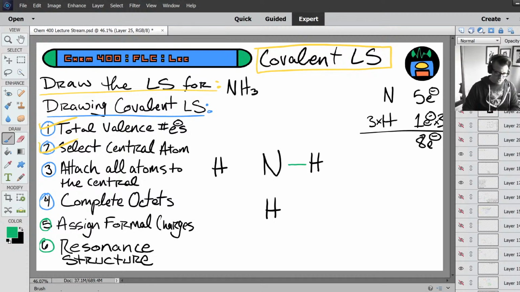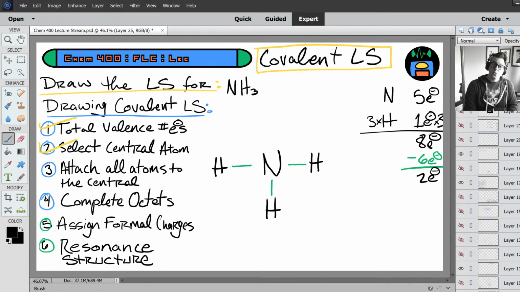We got to do this 3 times, to attach all of our other atoms to our central. It's going to take 2 electrons a pop. With 3 hydrogens, that means we're going to need to spend 6 electrons out of our budget of 8, to attach all the hydrogens to our central atom, nitrogen.